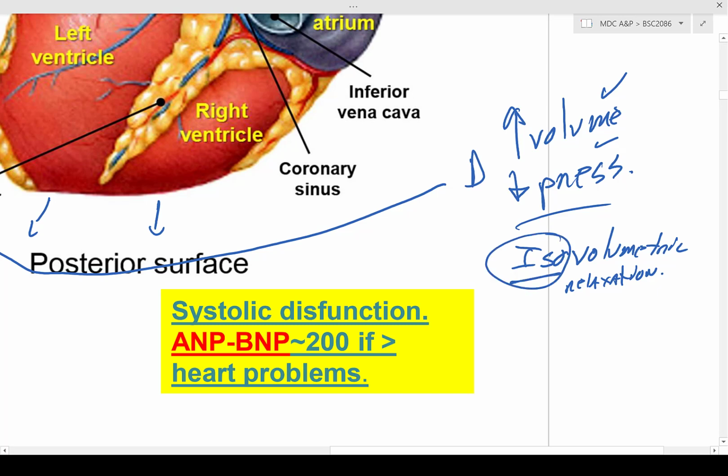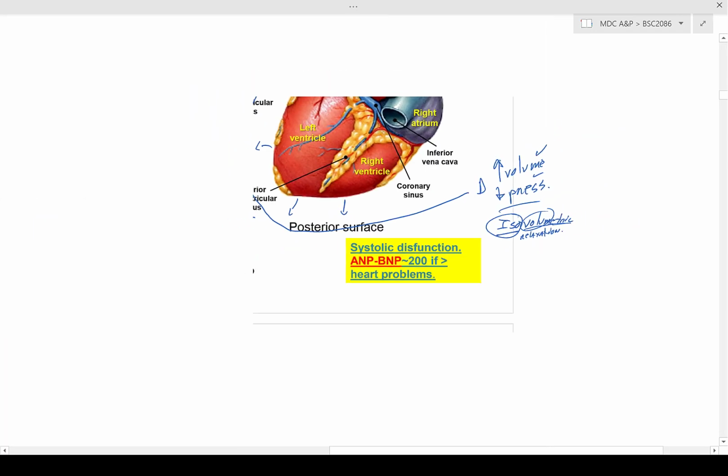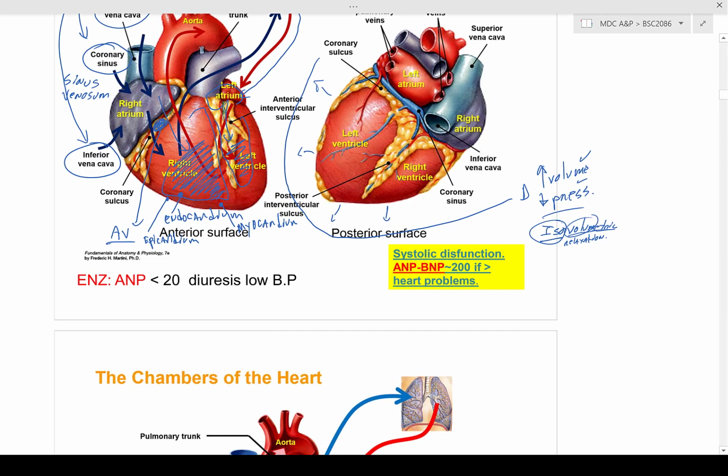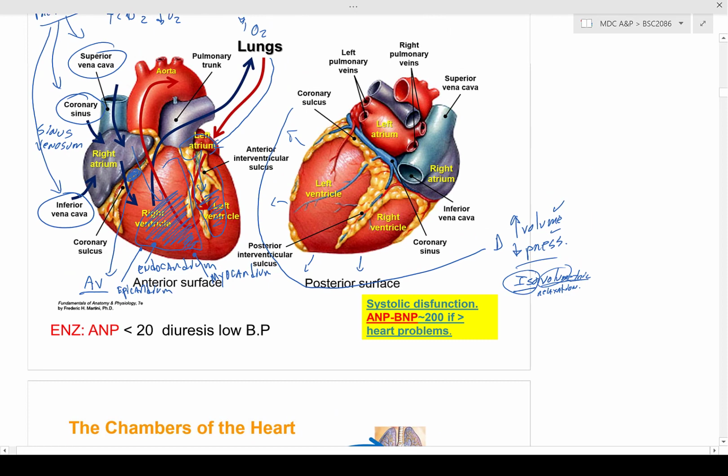Iso means the same, at the same time. Volumetric means volume, right? And of course, the metric part is the same dilation of the heart, the same accommodation for the ventricles. So whenever both ventricles are filling with blood, the volume increases and the pressure decreases. We call this isovolumetric relaxation.